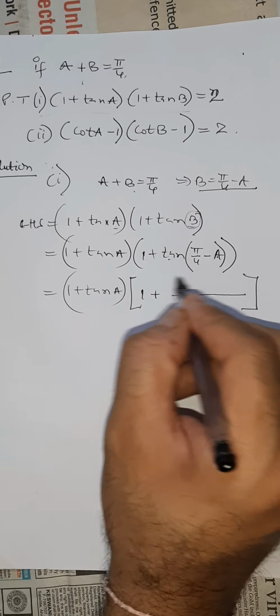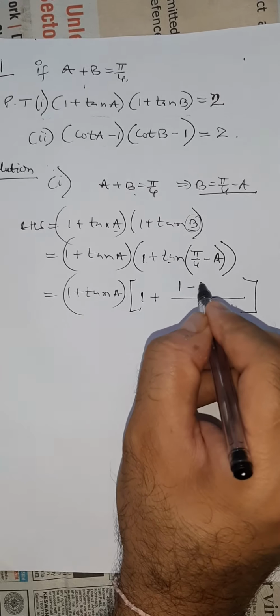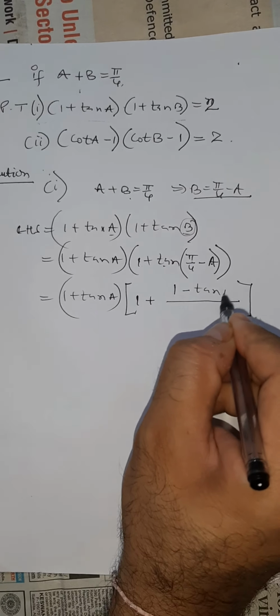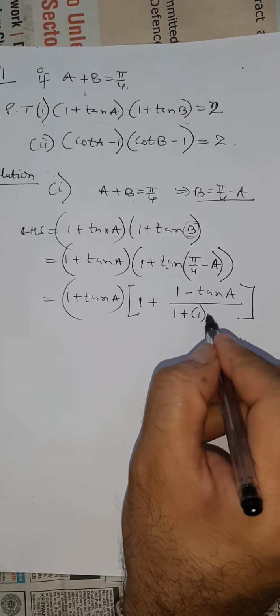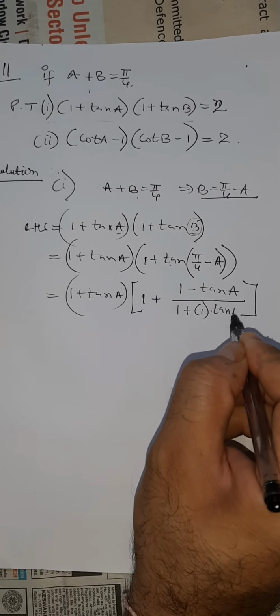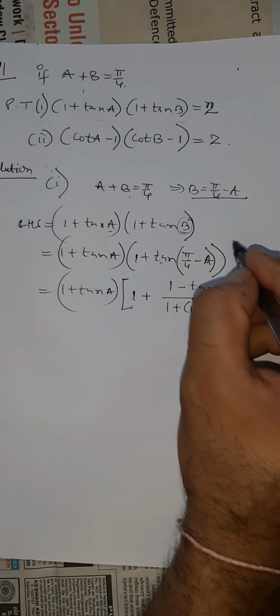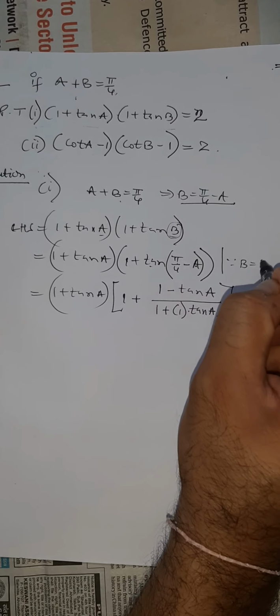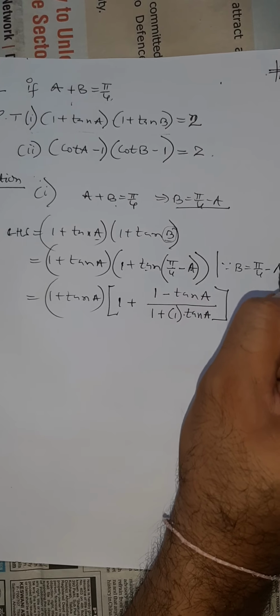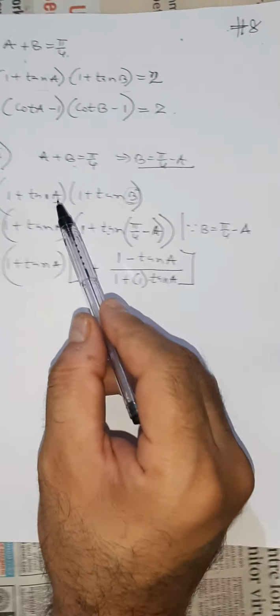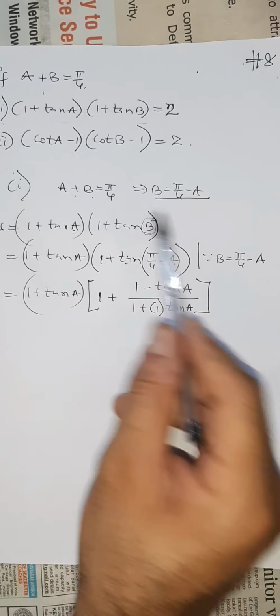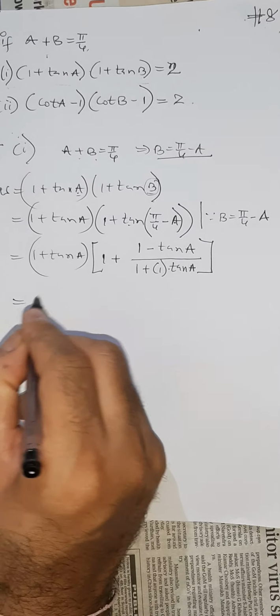So tan 45, which I'll write 1 directly, minus tan a upon 1 plus tan 45, which I'll write 1, into tan a. What I did here, instead of b I placed pi by 4 minus a. So the entire question is now in a. You could have done a equals to pi by 4 minus b. That is not important.